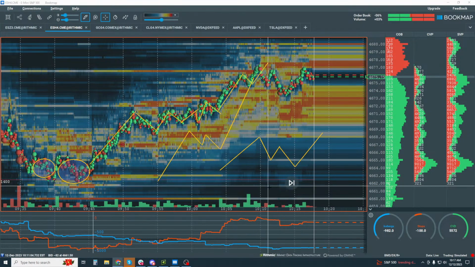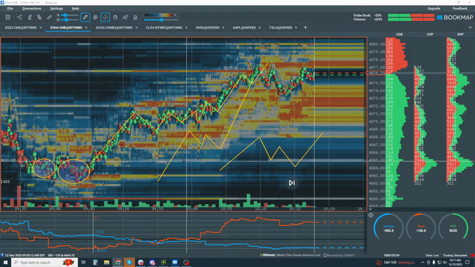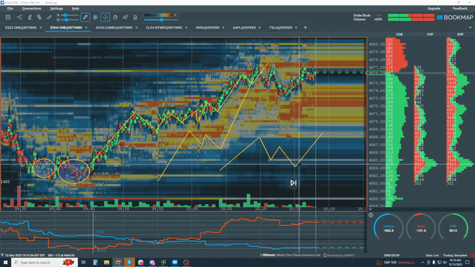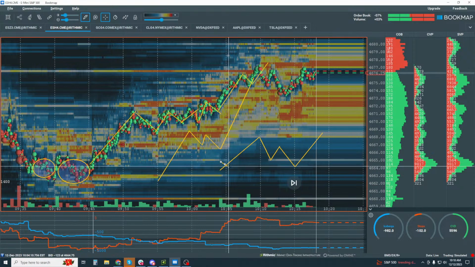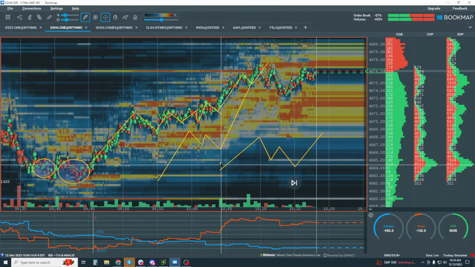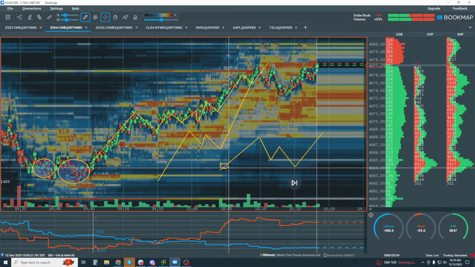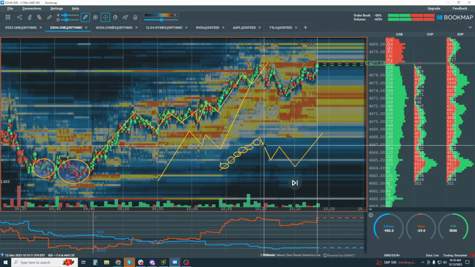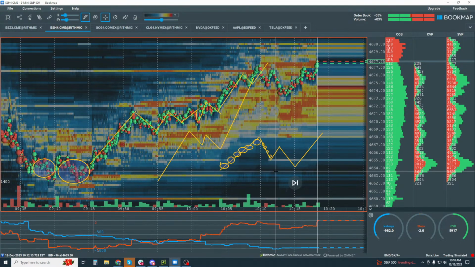Once you understand those concepts, it opens the doors to all sorts of other moves. You can look for a less strong impulse move here, and then you can look for a deeper pullback. And you can also look at the volume within these areas. Basically, you're looking for your strong volume on the buy side, and then very little on the pullback. Okay.